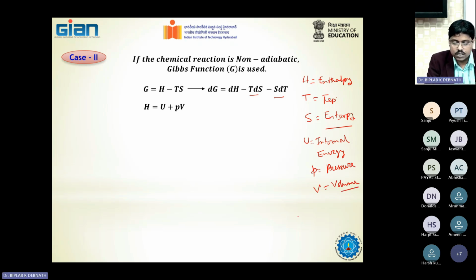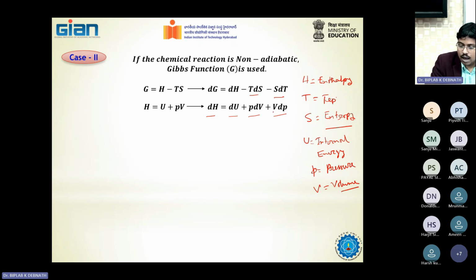The relation between them, U plus PV, is enthalpy. If we differentiate it, we get dH is equal to dU plus PdV plus VdP, basically the differentiation of PV.